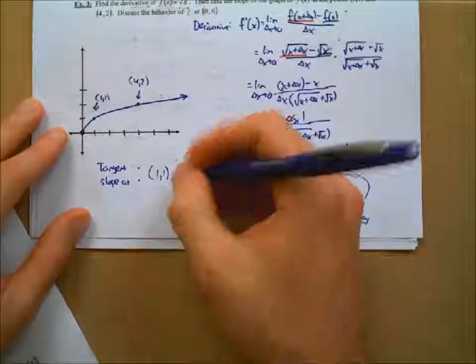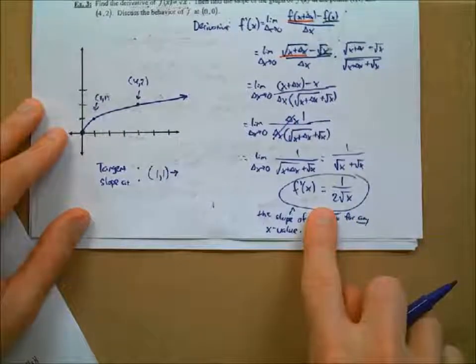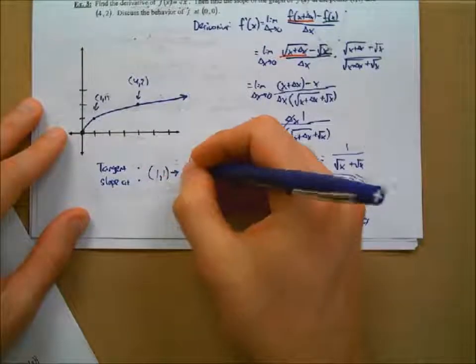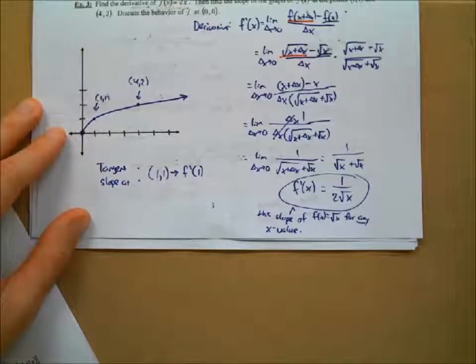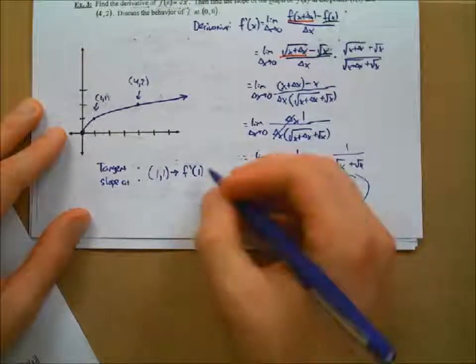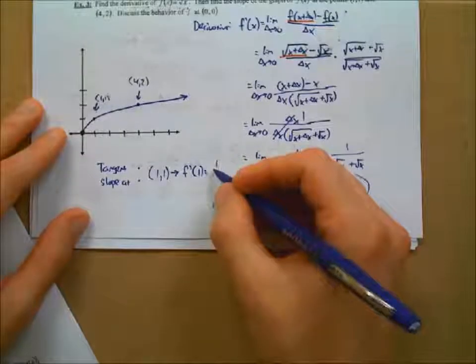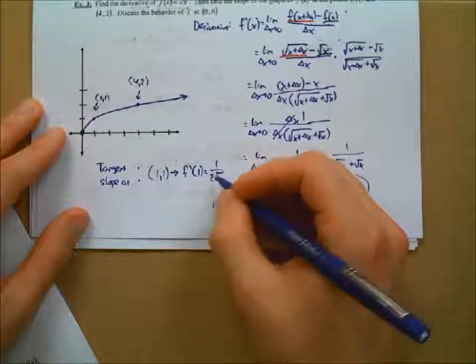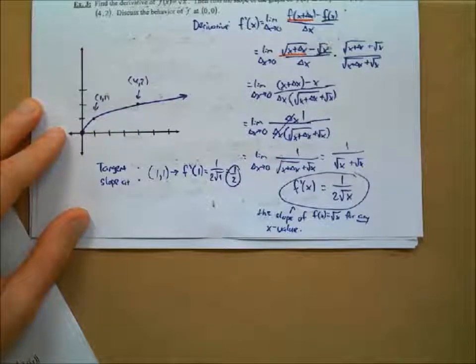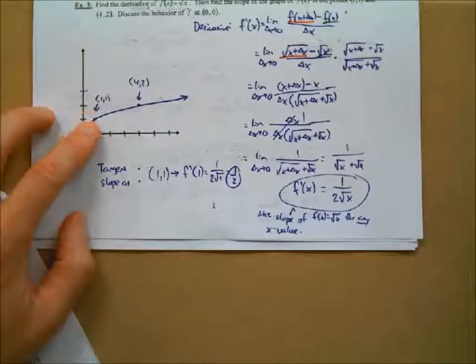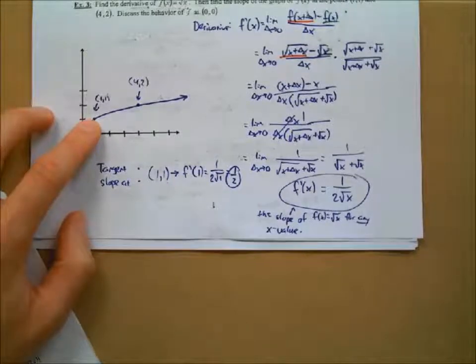Well, we'll just use our derivative, and we'll evaluate it at f prime of 1, which is equal to 1 over 2 times the square root of 1, 1/2. So the slope at this point, 1, 1, has a slope of 1/2. The tangent slope there is 1/2.